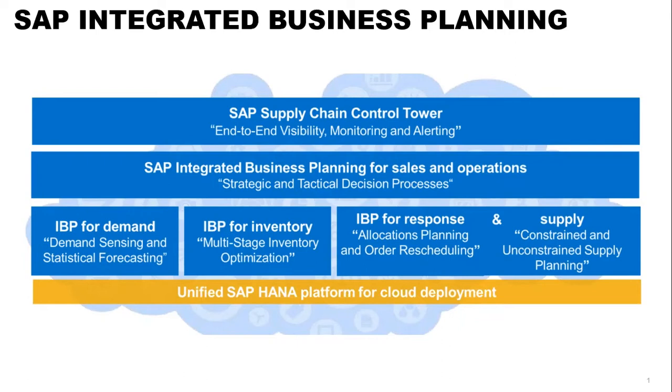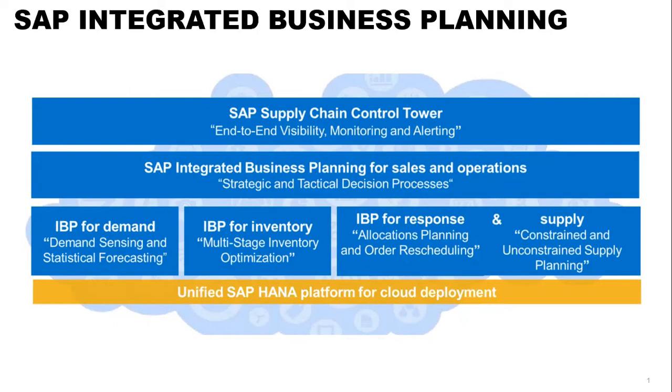On top of that we have the supply chain control tower. In earlier APO, once the planning was done, we depended upon SAP BW or third-party tools like QlikView and Qlik Sense to generate reports, dashboards, or analytics on top of our planning data.